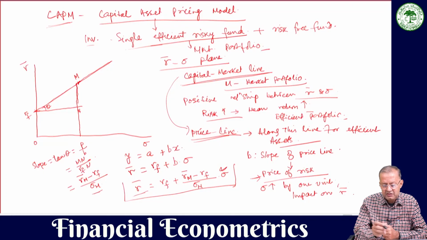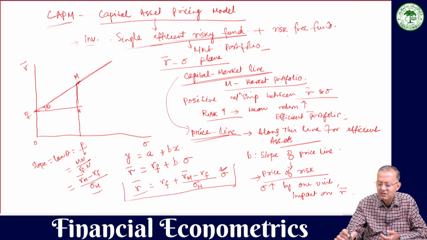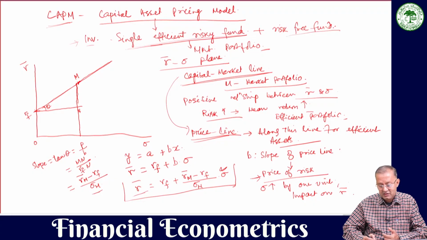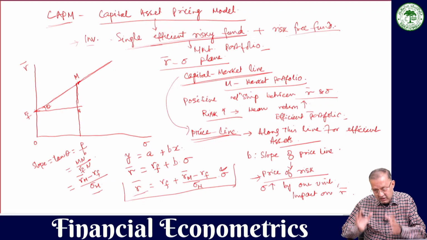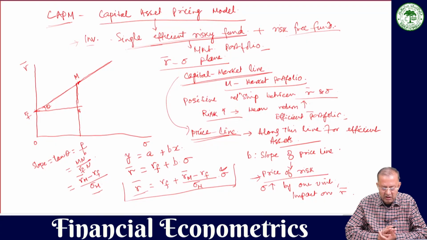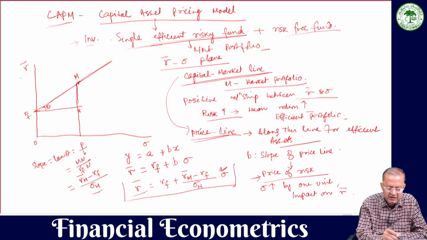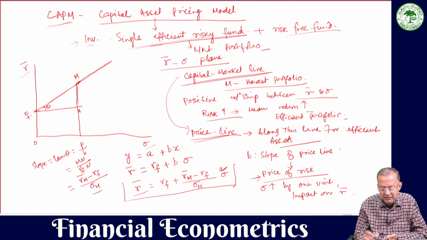We started with why investment should be made into a single efficient risky fund along with one risk-free fund. Then we tried the theoretical background. Then we looked into this with the help of a relationship between R bar and sigma, meaning the average rate of return and the risk factor.